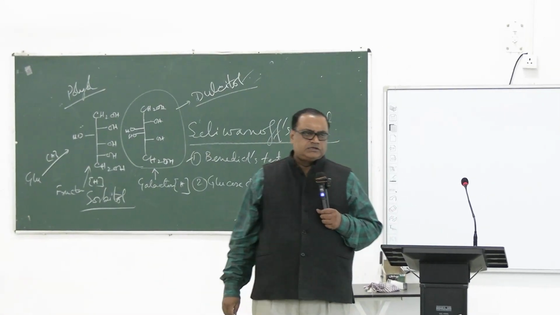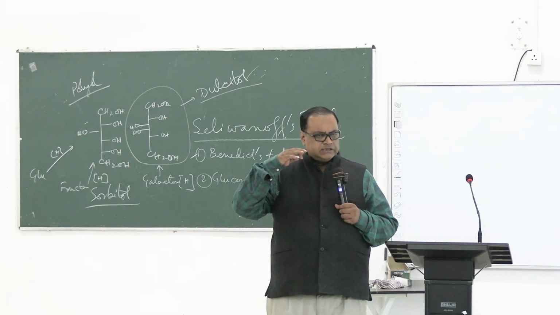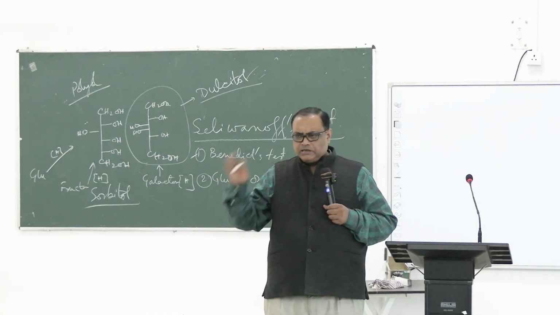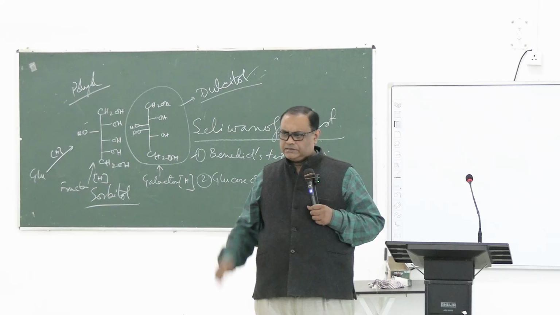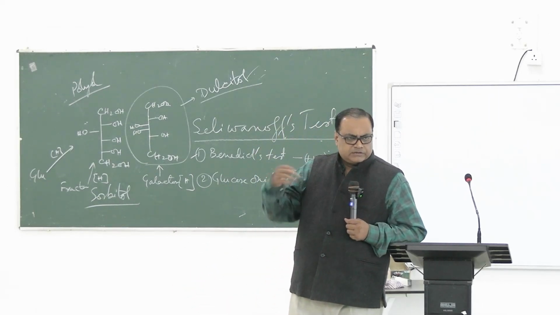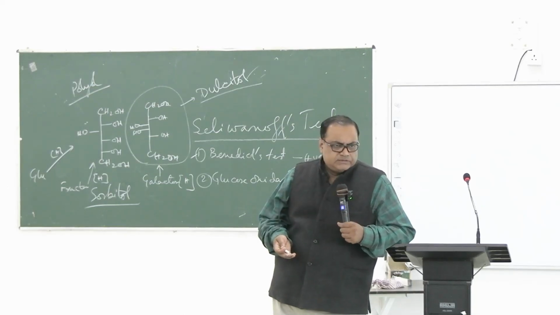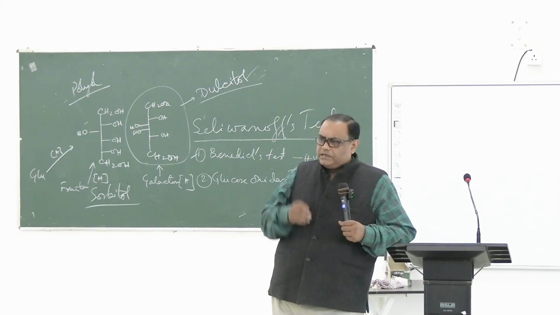And these polyols usually form in the eye lens cells, and they get drained from the lens. But if a person suffers from galactosemia or type 2 diabetes mellitus, then what happens? The glucose concentration will be high or galactose concentration will be high.